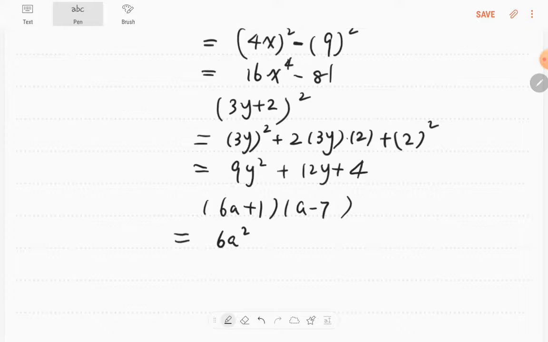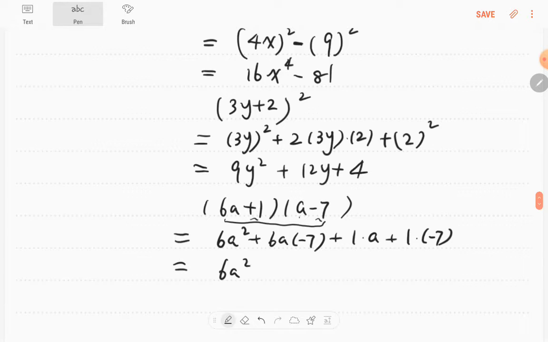Then we start with the outer, right? Plus 6a times negative 7. Then we'll talk about the inner, which will be 1 times a, and the last term will be 1 times negative 7.